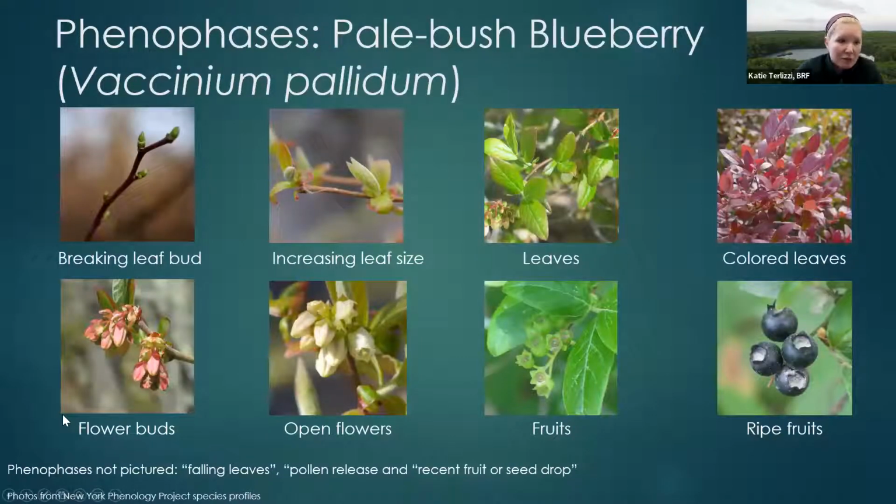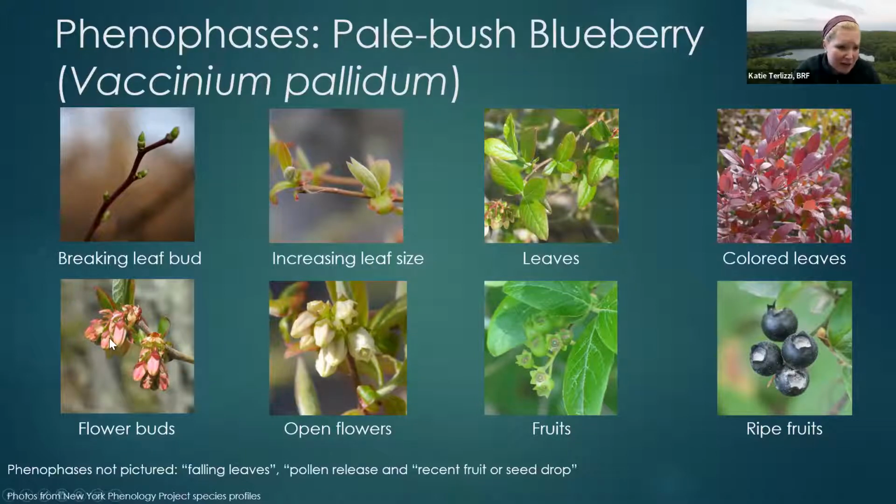Next is blueberry. So similar to all of the others, you have this bud with the scales. It'll open up to the leaves. Eventually there'll be full grown leaves, and then in October or so, they'll change color. Ours don't really get this nice brilliant red in my experience. They usually just kind of turn a little bit more of a pale sickly green, maybe kind of yellow, and then just fall off.